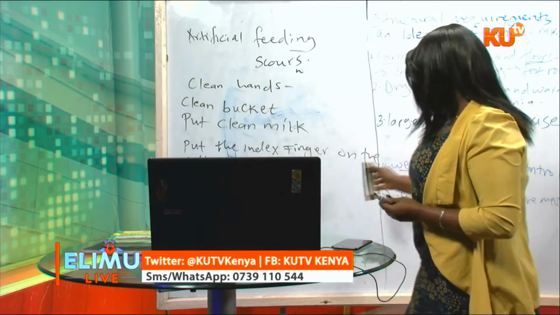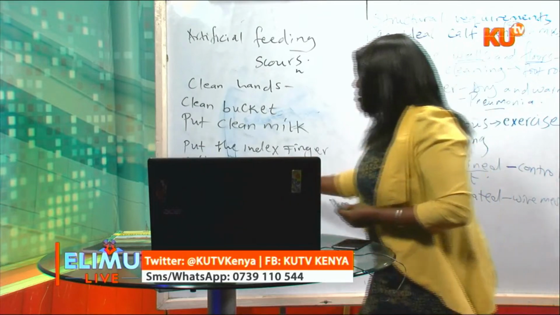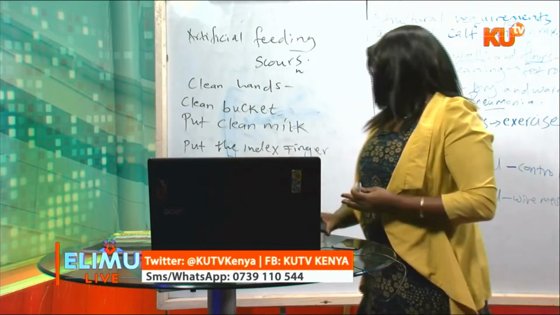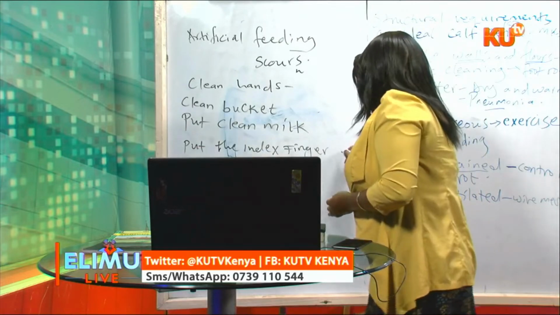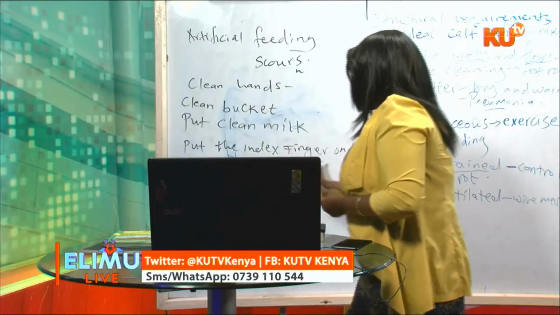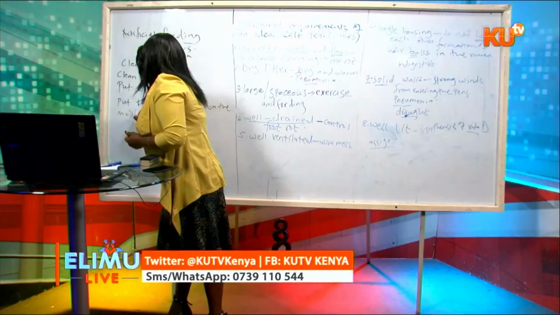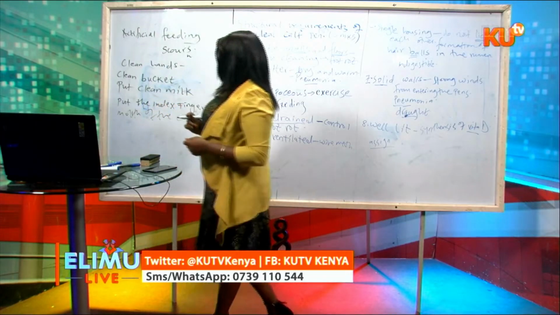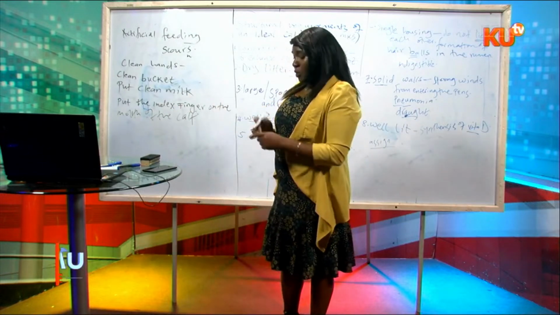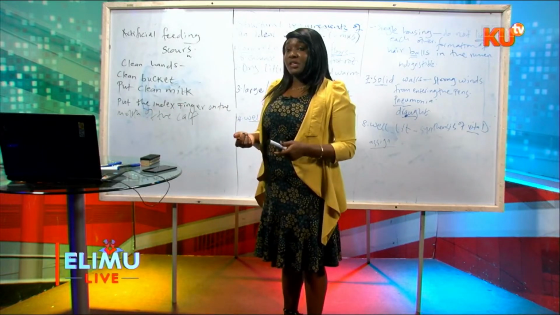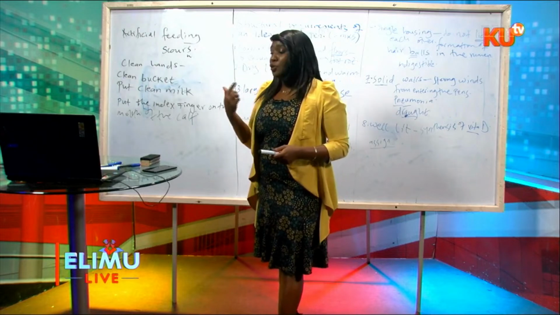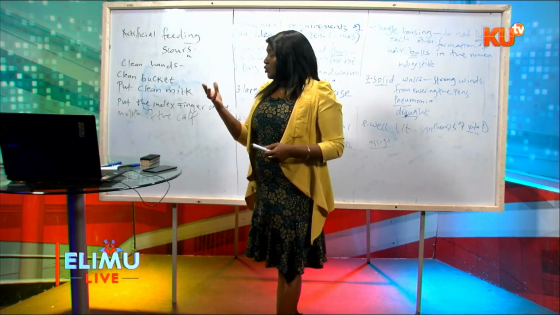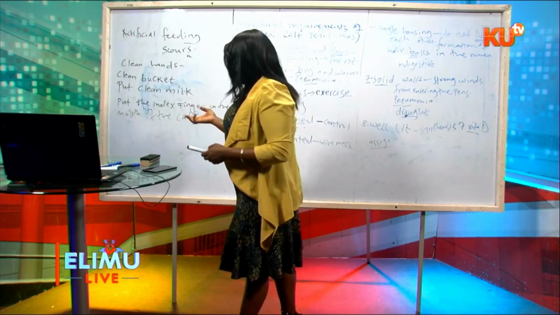Actually, you put the index finger on the mouth, not on the milk. You put the index finger on the mouth of the calf. Young animals, including children, have a tendency to really want to suckle, and they want to eat the fingers and the hands of human beings.